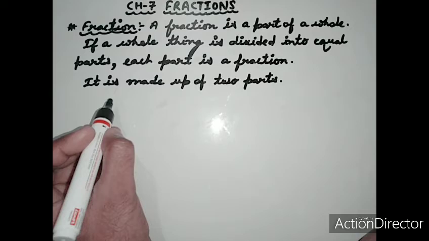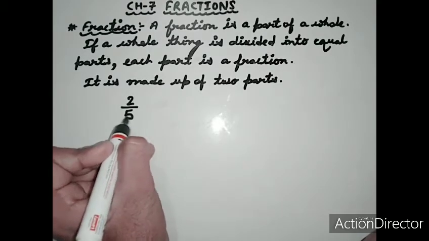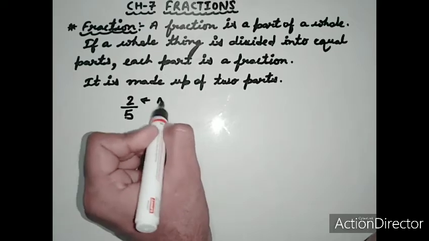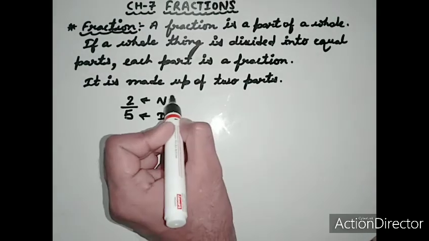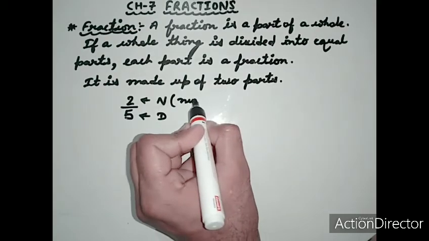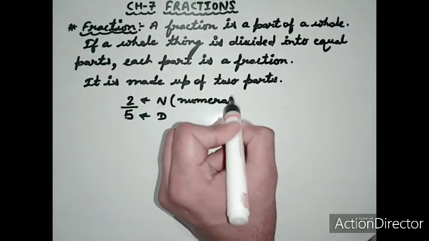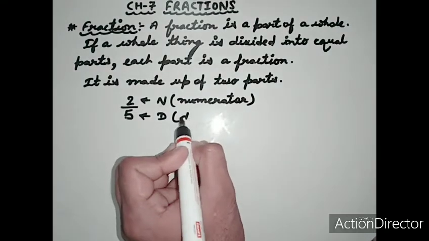So if we take a number like 2 upon 5, 2 is the numerator here and 5 is the denominator.